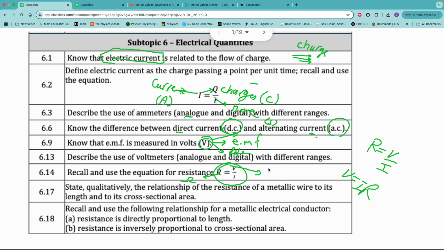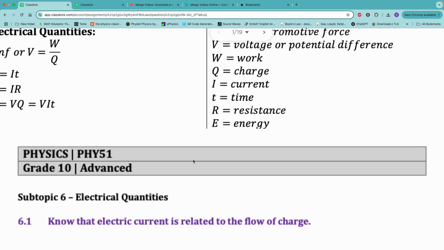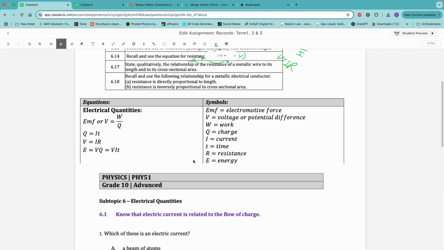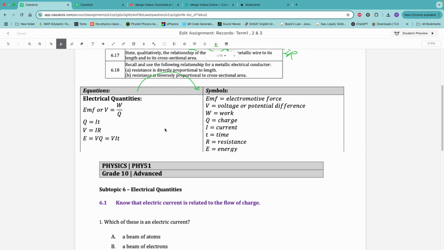V, voltage, potential difference, or EMF, can be described by volts. I, current. As we know, you don't need to memorize formulas. All formulas will be provided, as well as a description of each specific sample.